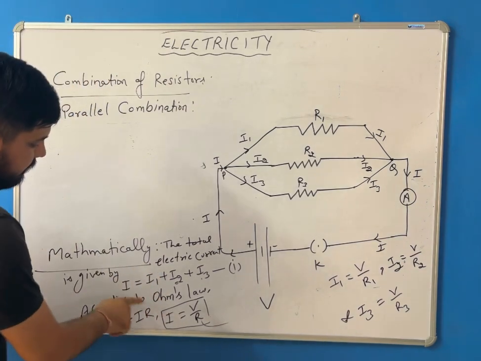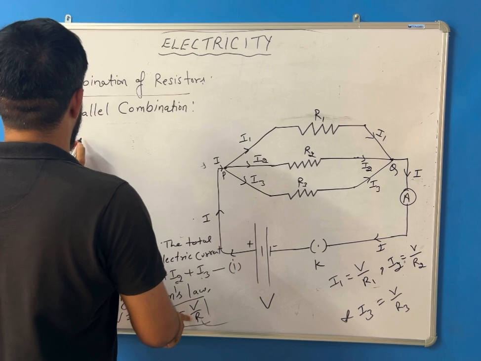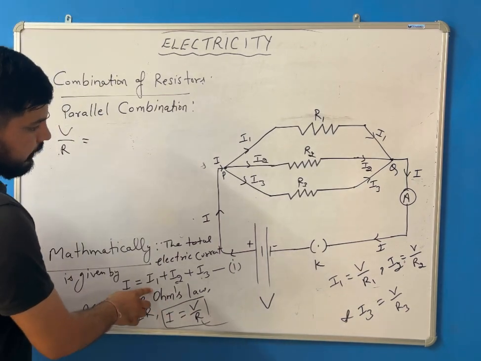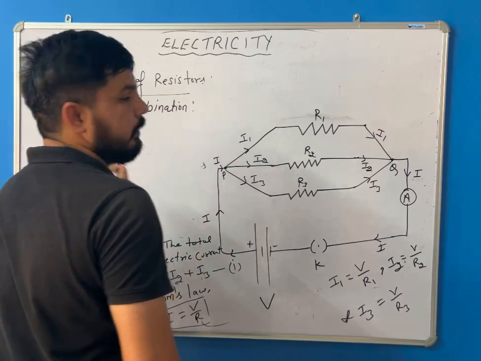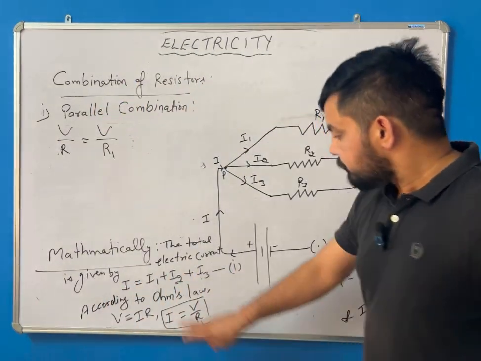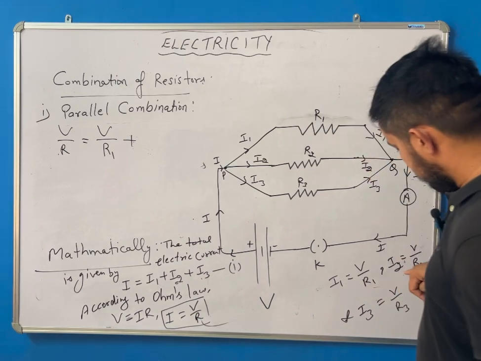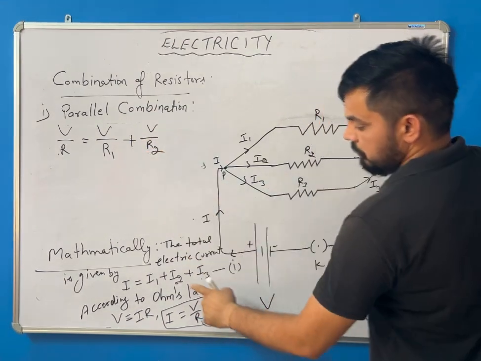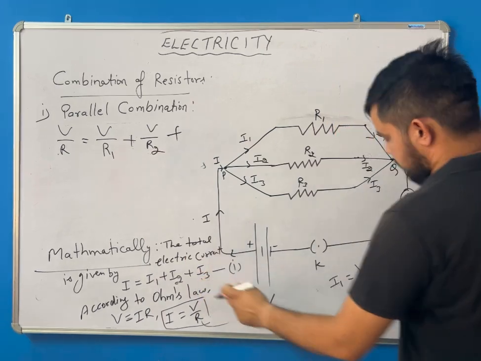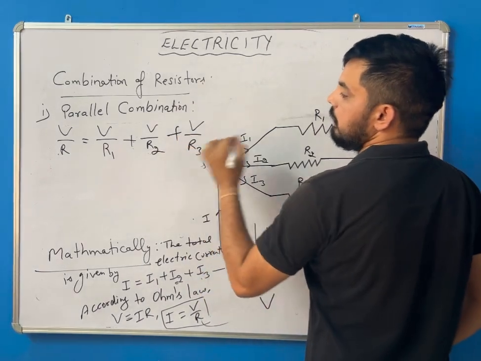I is equal to V by R, which is equal to I1, which is V by R1, plus I2, which is V by R2, plus I3, which is V by R3.